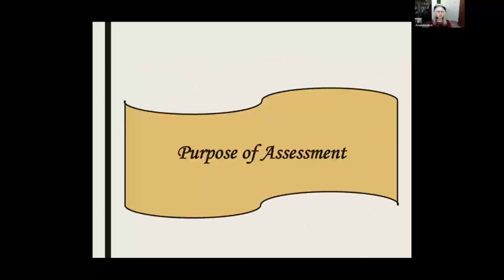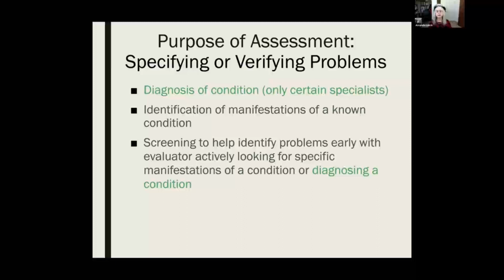So let's now go into the meat of the presentation and talk about the purpose of assessment. We all say we need to do assessment, but let's talk about why we do assessment. It can be for diagnosis, and only certain specialists can diagnose CVI. But we all can do identification of manifestations of a known condition.